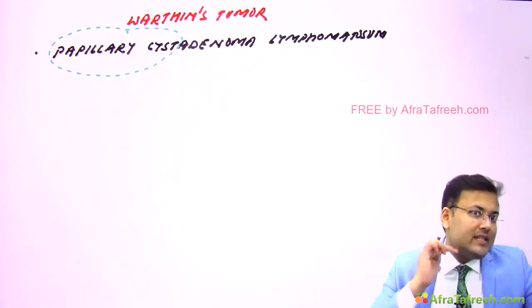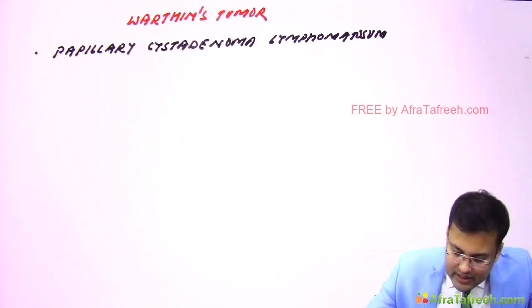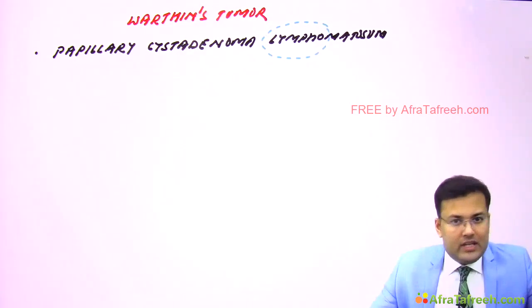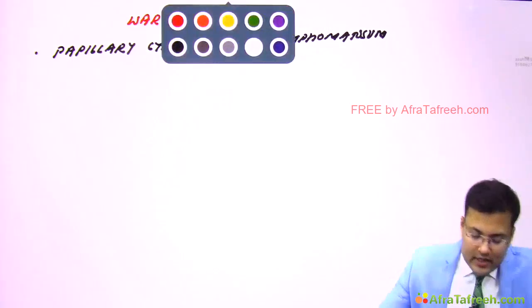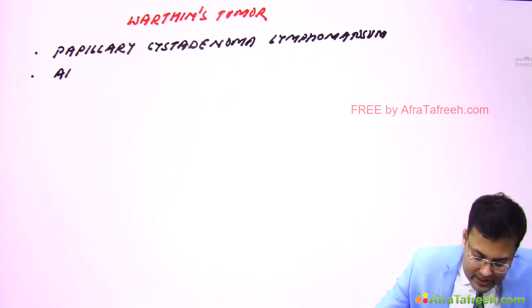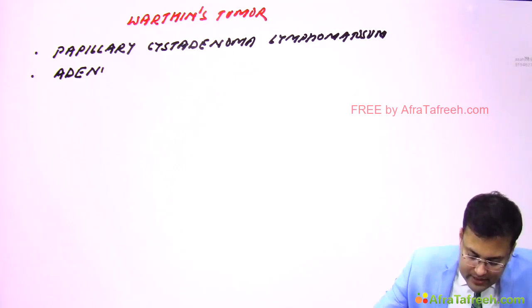Second, the tumor is cystic. And here you can see lymphomatosum. So this tumor is having a lymphoid component. So there is a papillary cystic pattern, there is a lymphoid component, and generally this tumor is cystic. What is the other name? It is also known as adenolymphoma.